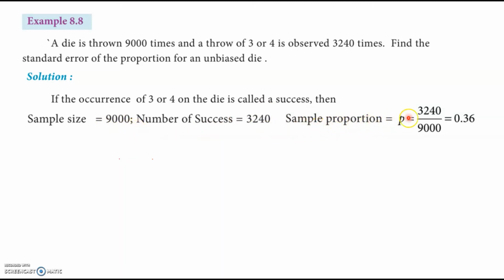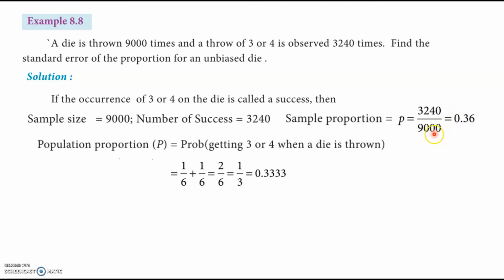So the sample proportion is 3240, which is getting a 3 or a 4, over the total sample size of 9,000. So the proportion of success for the sample is p equal to 0.36 by simplifying this.